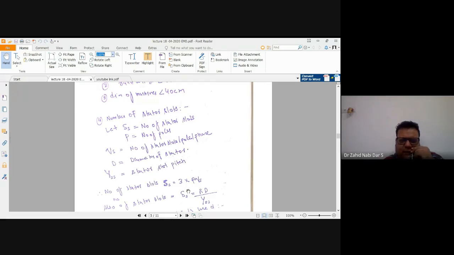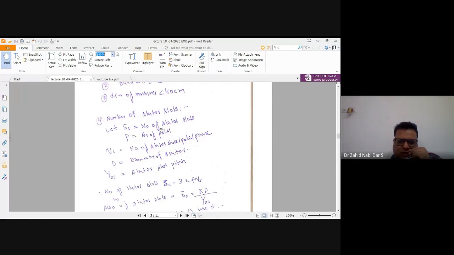Now for that, let's suppose SS is equal to the number of stator slots, P is equal to the number of poles, and QS, which I have mentioned here, is equal to the number of stator slots per pole per phase. Per pole would mean if this is a 4-pole machine, it would be 4. If this is a single phase machine, it would be 1. And if it is a 6-pole machine, it would be 6. If this is a 3-phase machine, it would be 3.